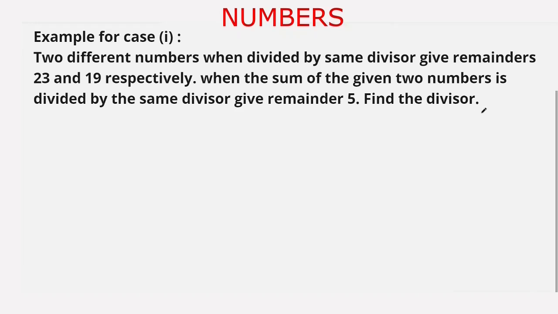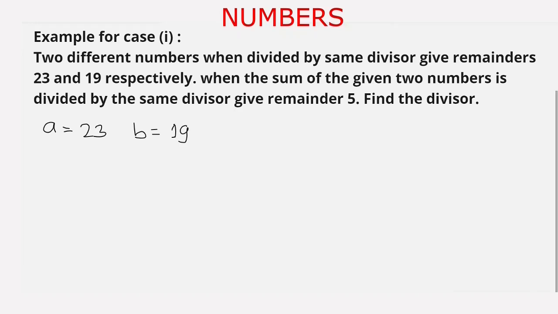Find the divisor. Here the first remainder is 23, the second remainder is 19. When the first number was divided by the divisor, the remainder is 23, and the second number when divided by the same divisor, the remainder is 19.